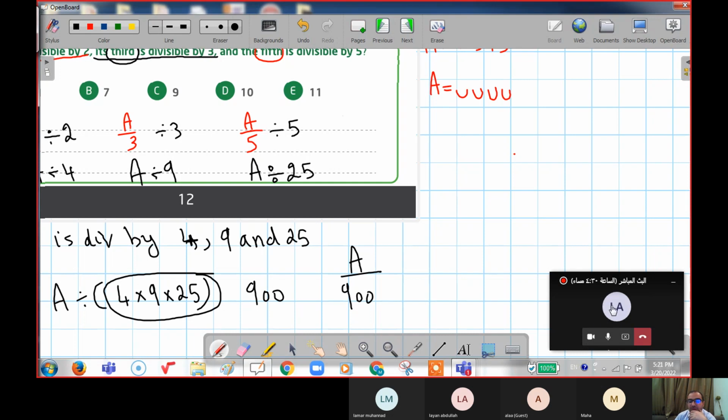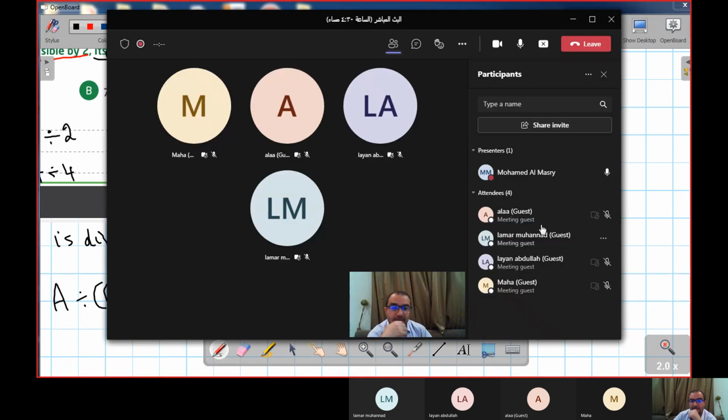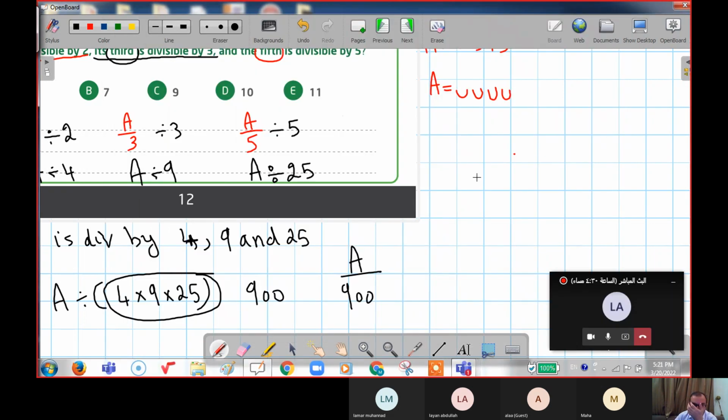Then you can put the 2 0s. Come on. Lamar, Layan, Maha, Ella. Put the 0s away. Just think about 9. Then you must find the answers.